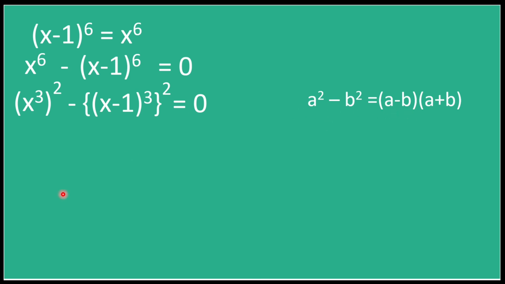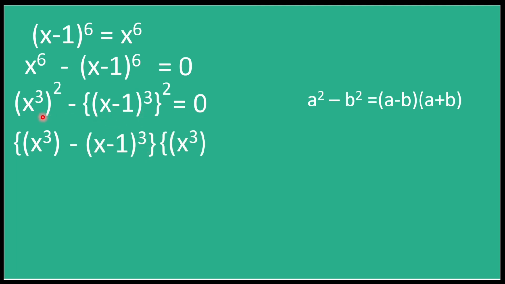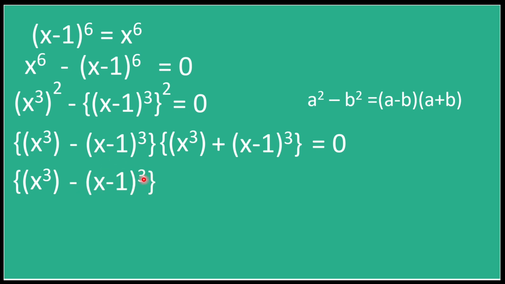Let's apply this identity: (a − b)(a + b) = 0. These are two factors, so we can compare them separately with 0. We can write the equation as x^3 − (x − 1)^3 = 0, and similarly x^3 + (x − 1)^3 = 0.